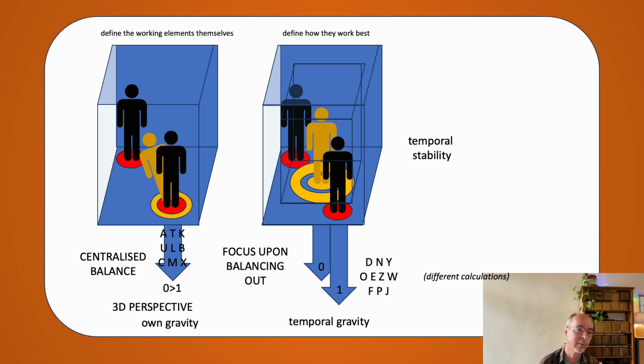In the first region, we only define the working elements. It's going from 0 to 1. It's in one go. It tries to define the definition of 1, and it only follows the gravity of these things themselves. The helpful tool is with the time calculates the things differently.